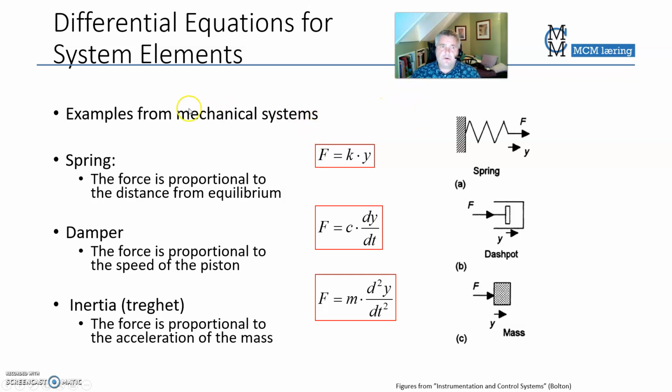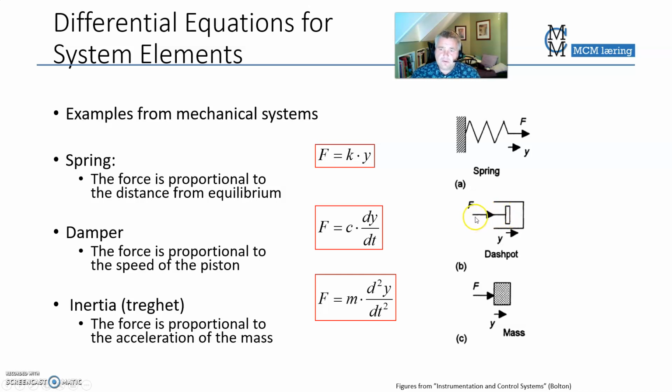Examples. For mechanical systems, you have the spring here. The force is linked to the position with force K times the position. If you have a dashpot, that is støytdemper in Norwegian, well then that one would resist velocity.